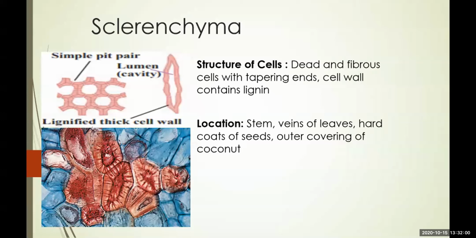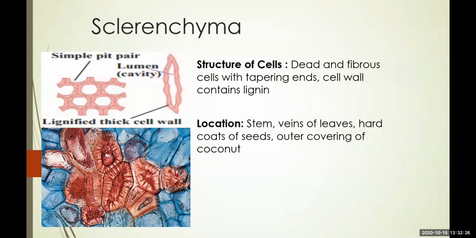Where are these found? The sclerenchyma cells or tissues are found at the stem, veins of the leaves, hard coat of the seeds, and outer covering of the coconut. Now you can imagine, you know the outer covering of the coconut, even the covering of the seeds, how hard it is.